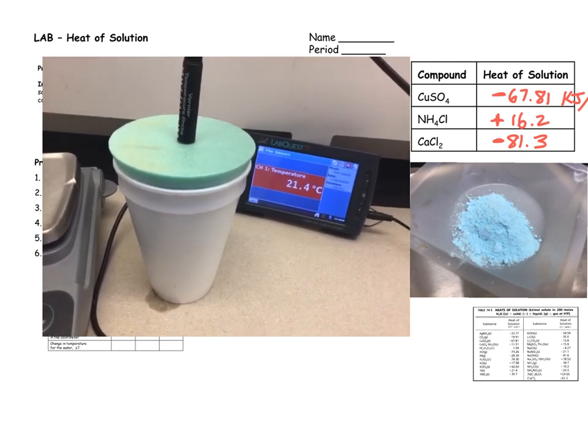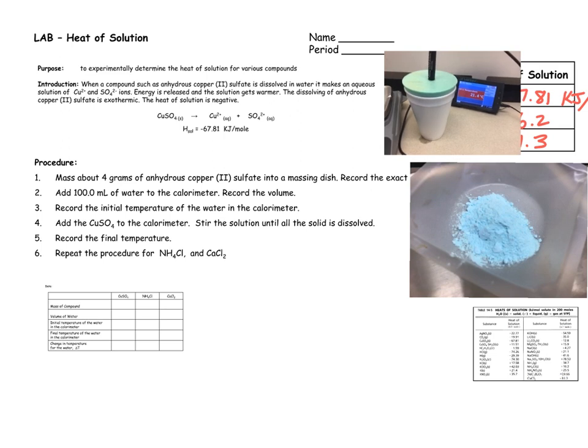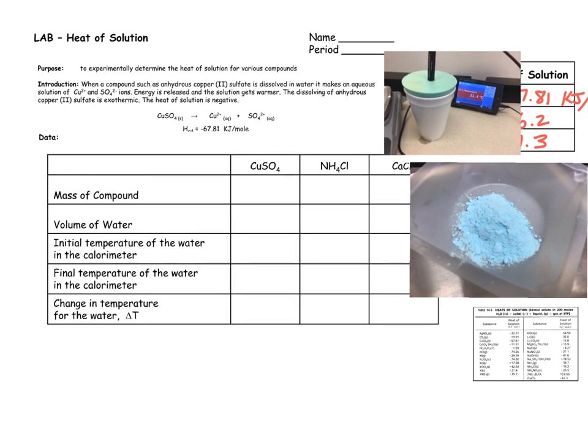Let's record some data. The mass was 5.14 grams of copper sulfate. The volume of the water was 100, we'll say 100.0 milliliters, which is going to translate into 100 grams later.